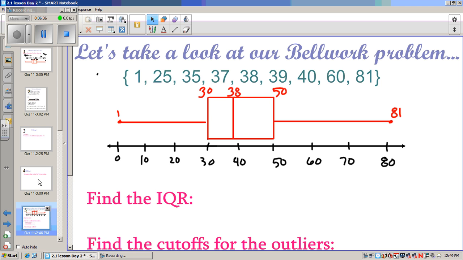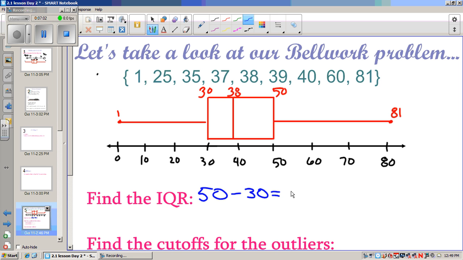The IQR, known as the interquartile range, is our third quartile, 50, and we are going to subtract from it our first quartile, which is 30. So taking our third quartile minus our first quartile gets us our interquartile range.